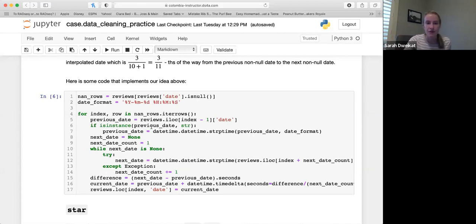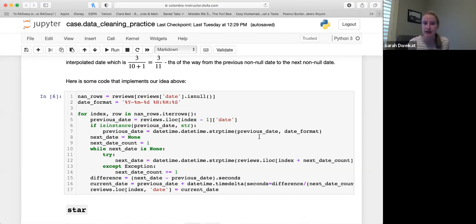Then what we're going to say here is if isinstance previous date, string. So all this is doing is saying if the previous date, which we defined as the index minus 1, is a string, then we want to convert it into a datetime object.